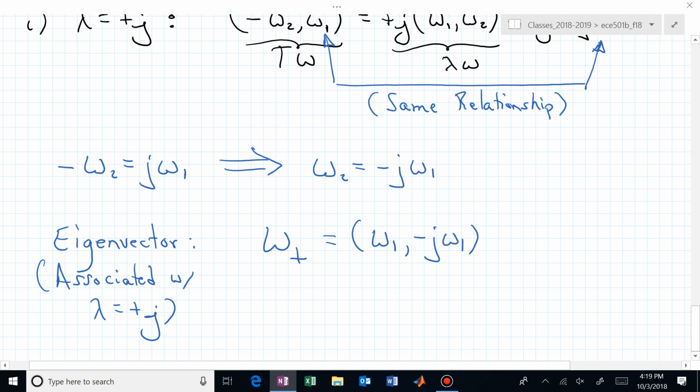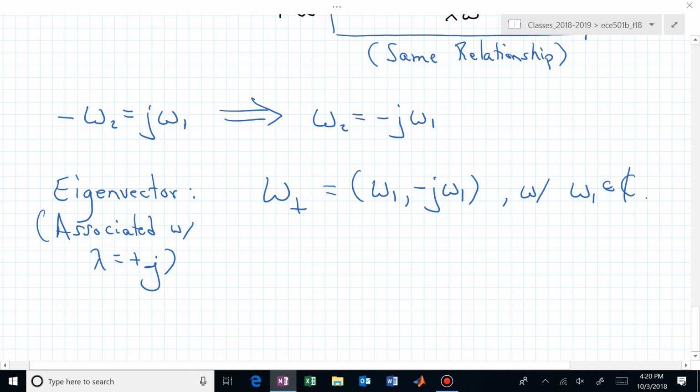It's now minus j w1, and that's with w1 coming to us from a complex field. So you give me a w1 and lambda equal to plus j, and I can satisfy this relationship, Tw is equal to lambda w, that now is a one-dimensional invariant direction.